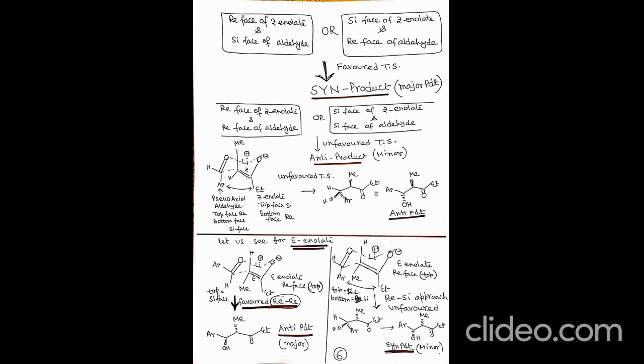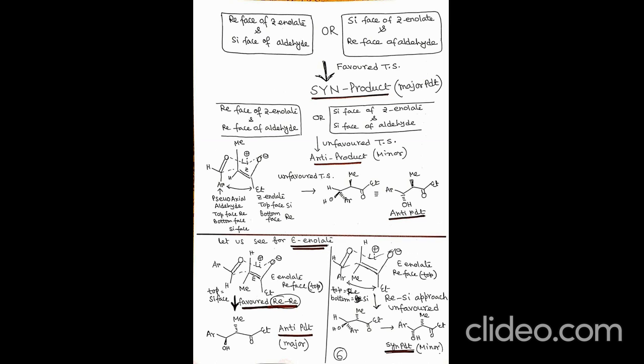Now when the Z enolate and the aldehyde combine with the same type of phases, meaning the re-re and psi-psi combination, this will give rise to the anti-product, which is the minor in this case.